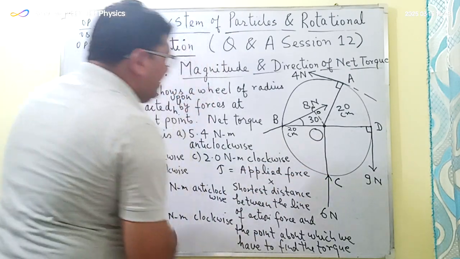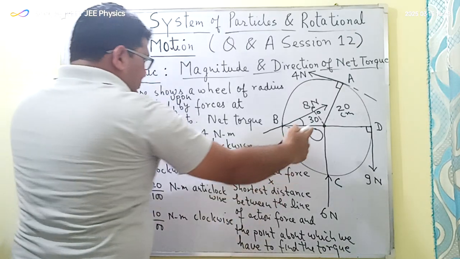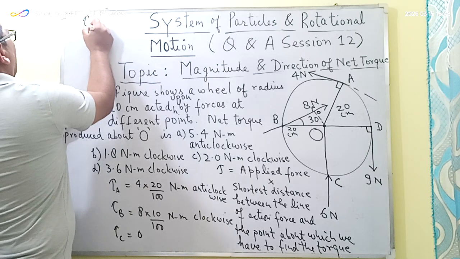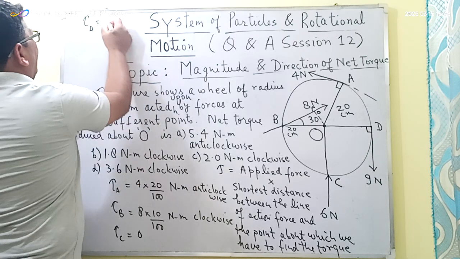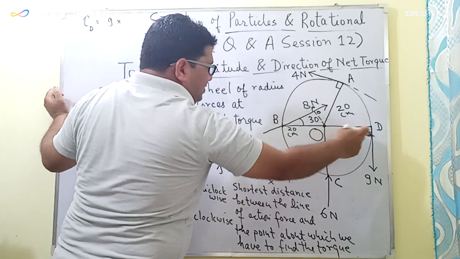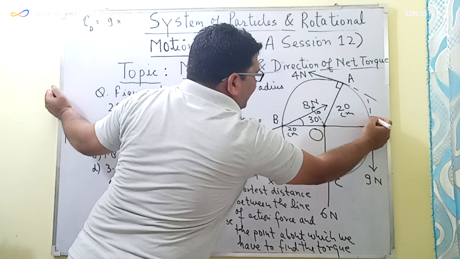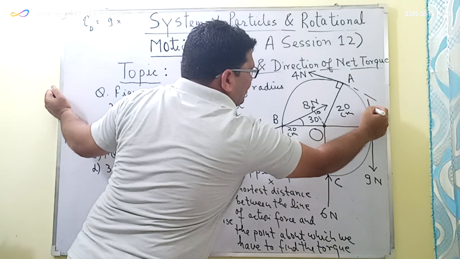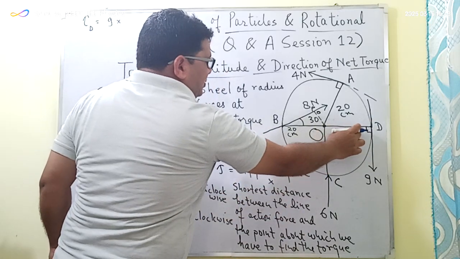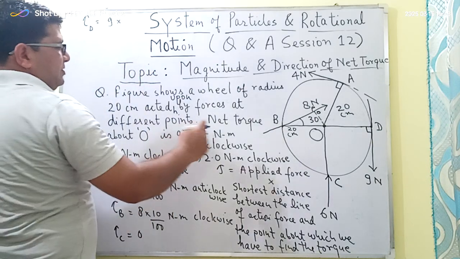Now we have to find the torque due to the force acting at point D. It will be equal to the magnitude of the force, which is 9, into the perpendicular distance between the line of action of force and the point about which we have to find the torque. This is the line of action of force, and the shortest distance between the line of action of force and the point O is 20 centimeter.